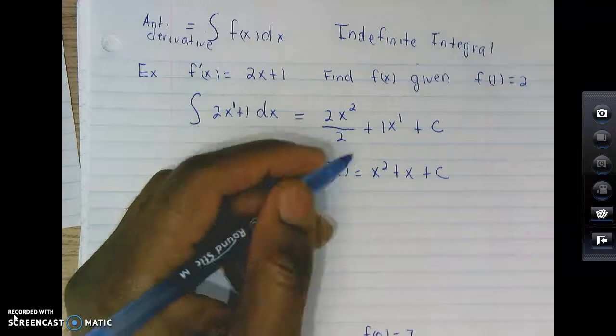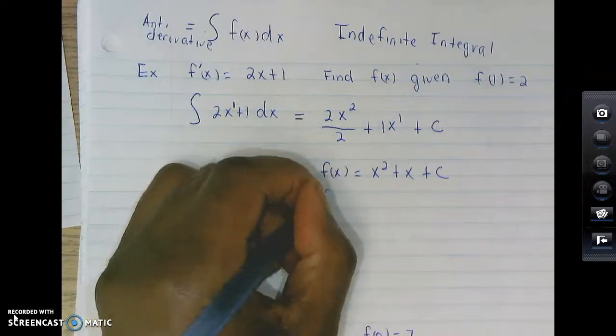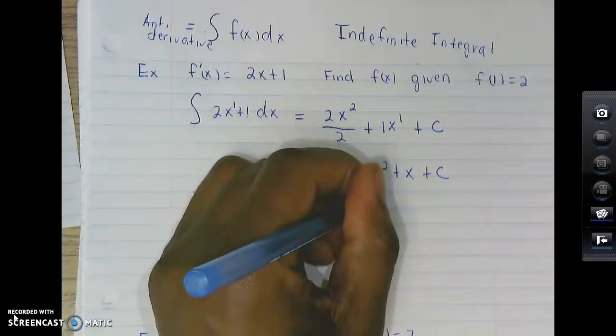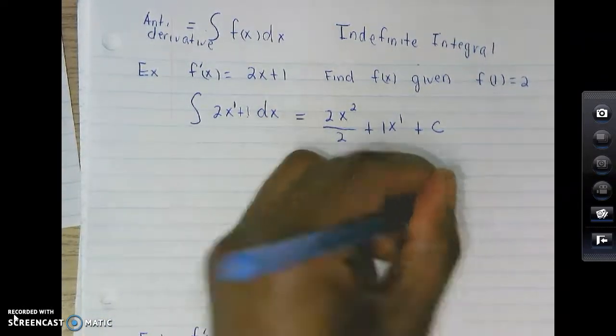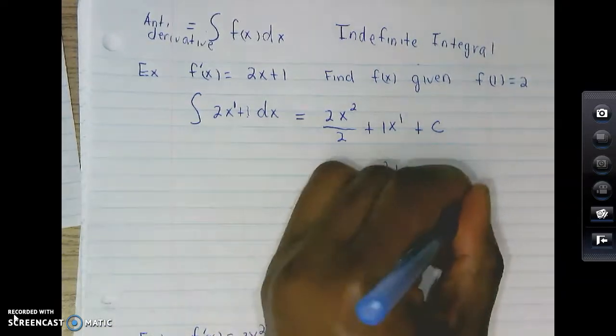So in order to do that, we just need to plug in the value of 1. So I know that f of 1, everywhere I see an x, I'm going to plug in 1. So this is going to be 1 squared plus 1 plus c. Well, f of 1 has to be equal to what? 2. So this is now equal to 2.